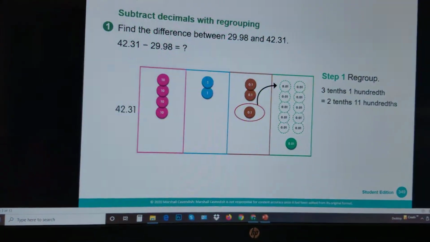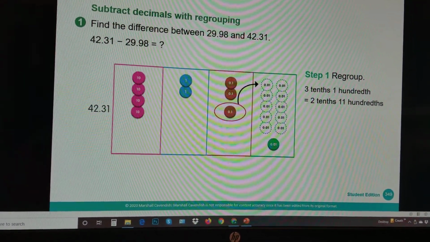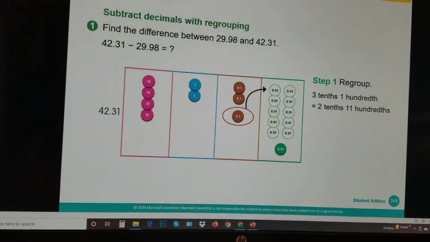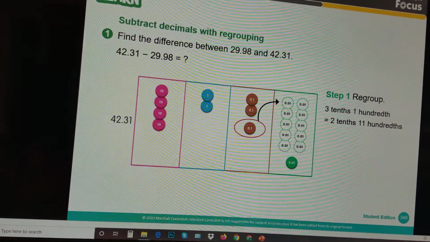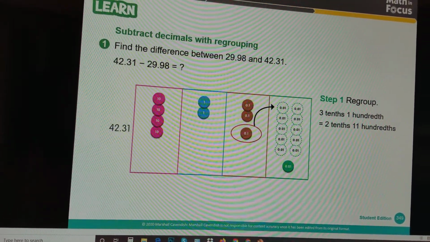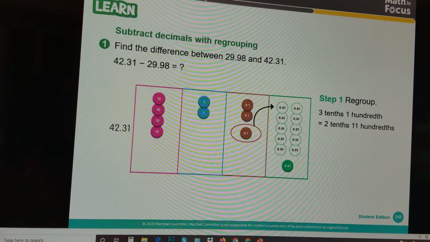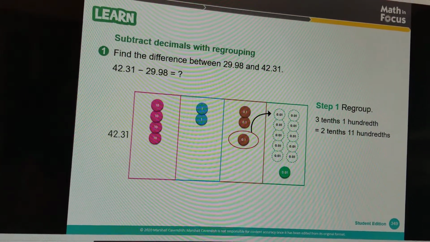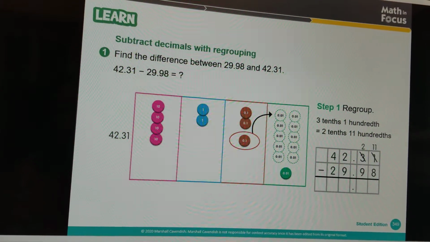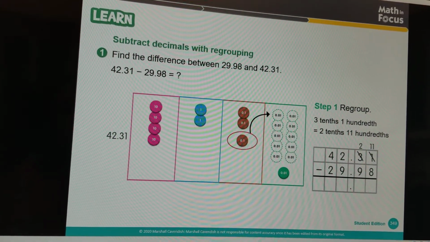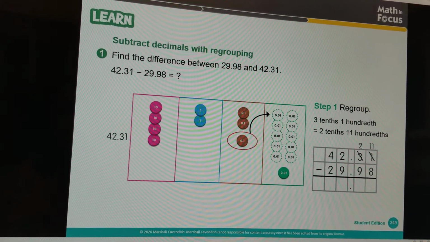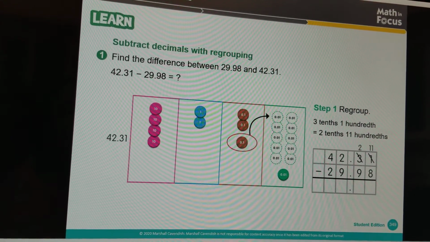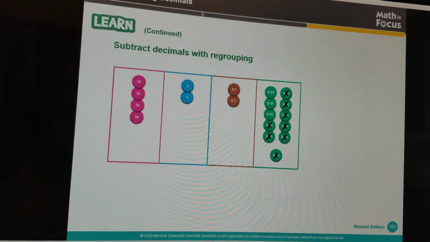It's going to demonstrate it here for you with the chips. I'm going to go through it, but at any point during the video you can pause to understand what is happening with the chips. So that's representing the 42 and 31 hundredths. I'm exchanging my 1 tenth for 10 hundredths.